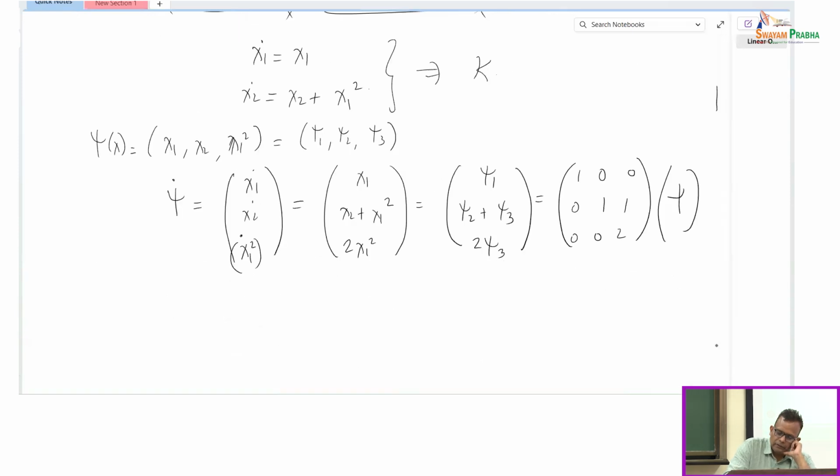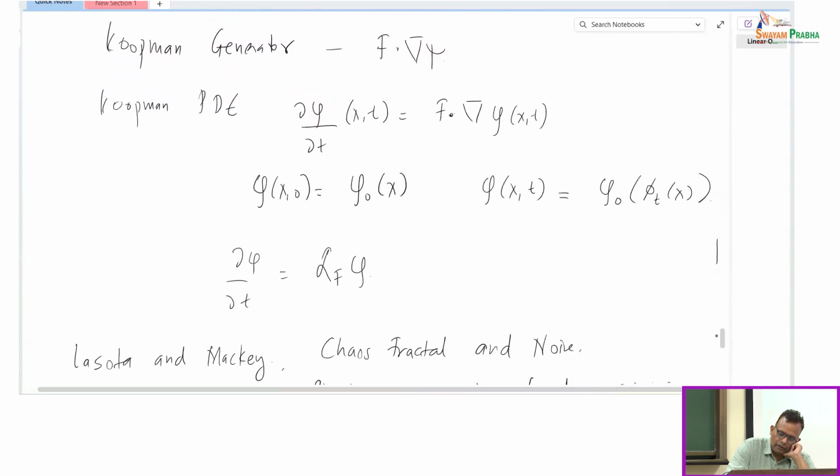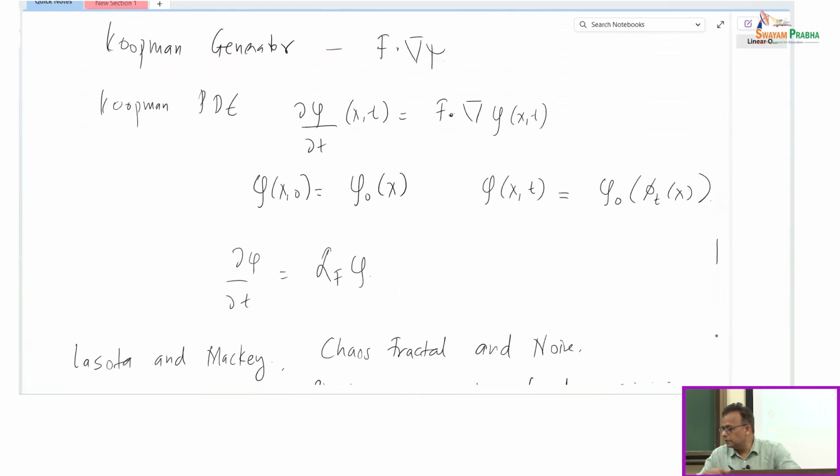Because what we have is basically psi dot equals, and let's introduce some notation. I'm using the notation which is also the notation for the Lie derivative. So I'm using the notation L_F for the generator of the Koopman operator.